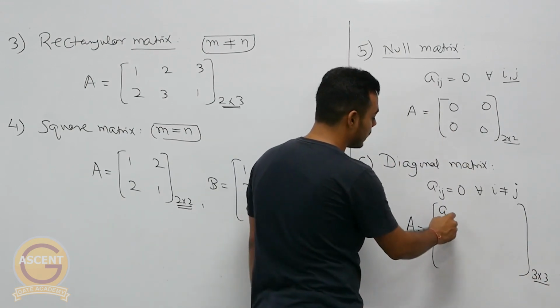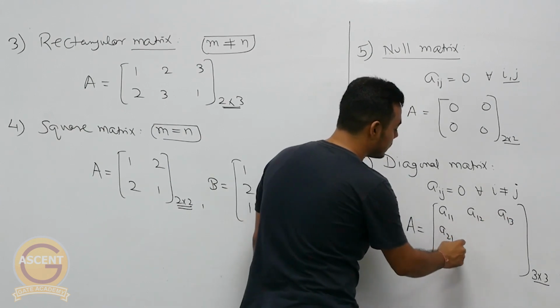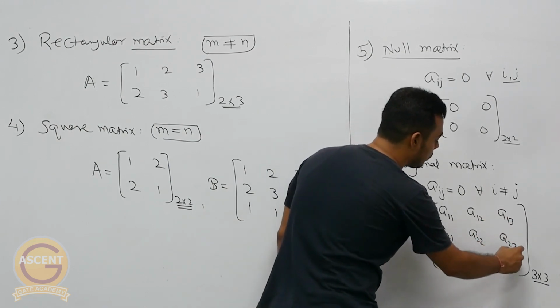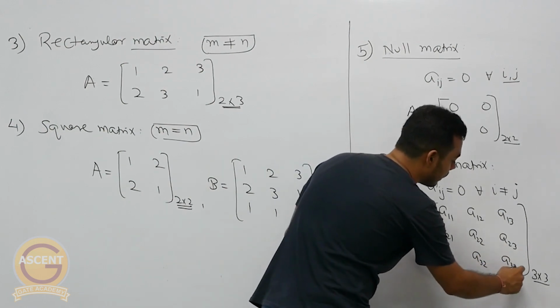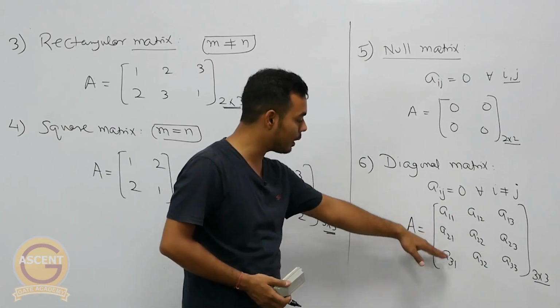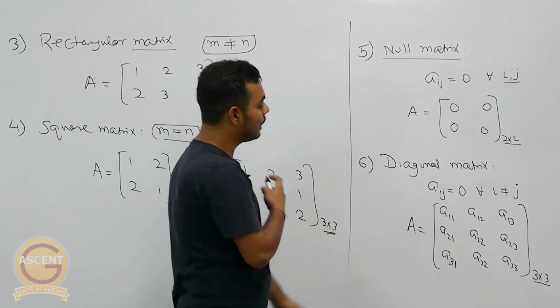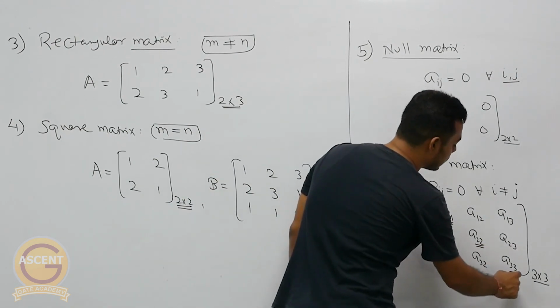The first row is A11, A12, A13, the second row is A21, A22, A23, and the third row is A31, A32, A33. Suppose these are the 3 rows R1, R2, R3. Now you can see that the elements which are on the diagonal are A11, A22, A33.